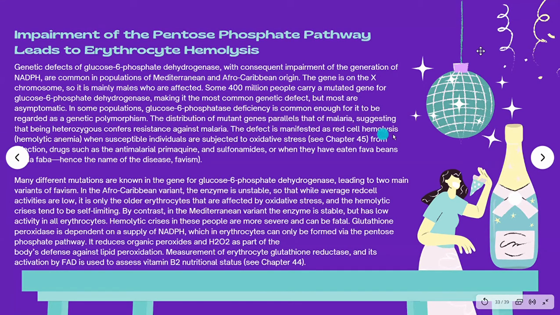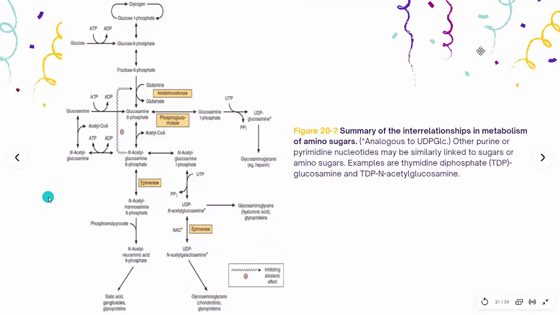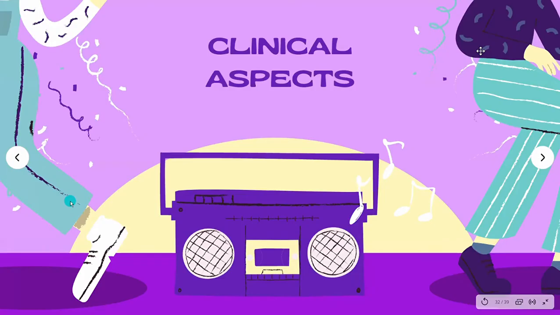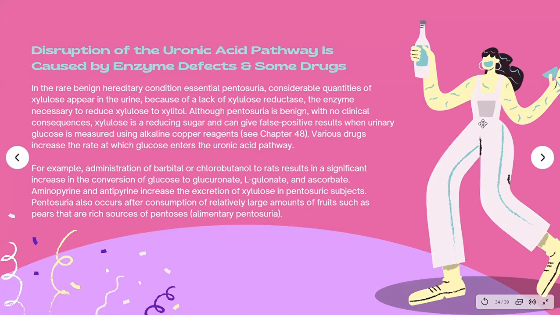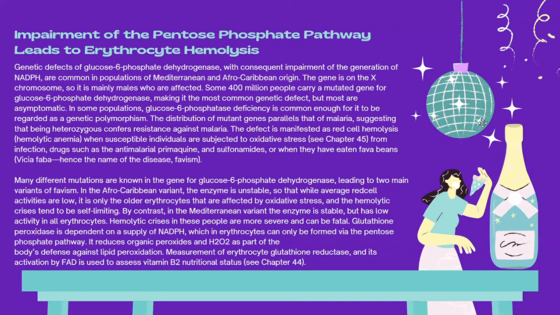The defect is manifested as red cell hemolysis or hemolytic anemia when susceptible individuals are subjected to oxidative stress, such as anti-malarial primaquine and sulfonamides.